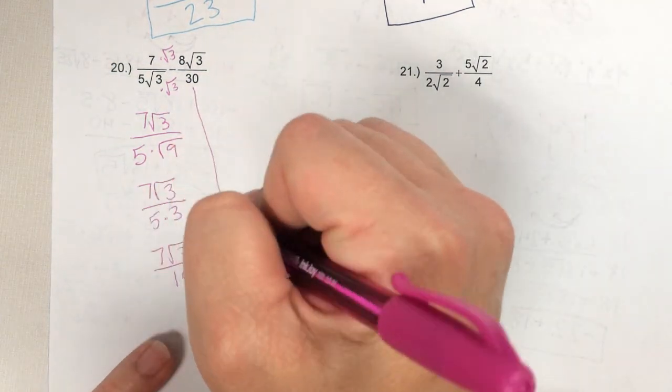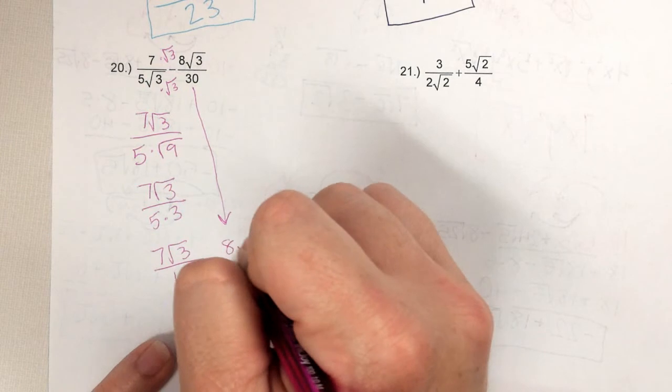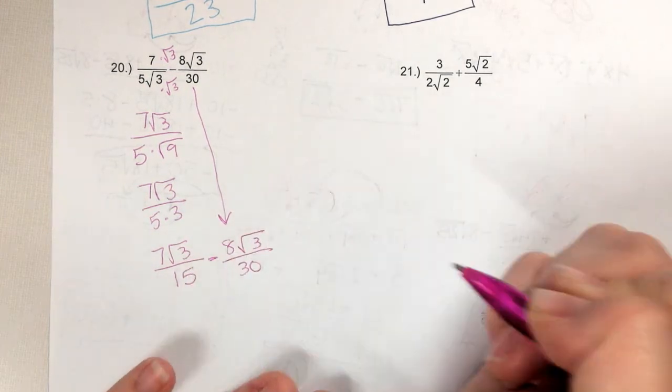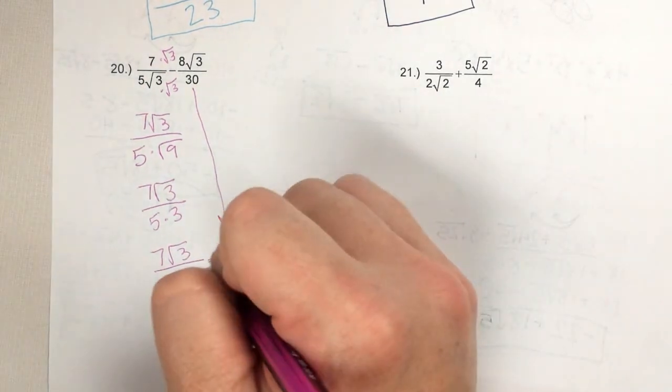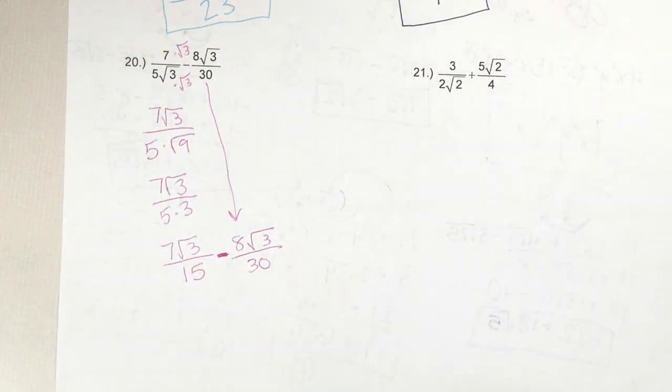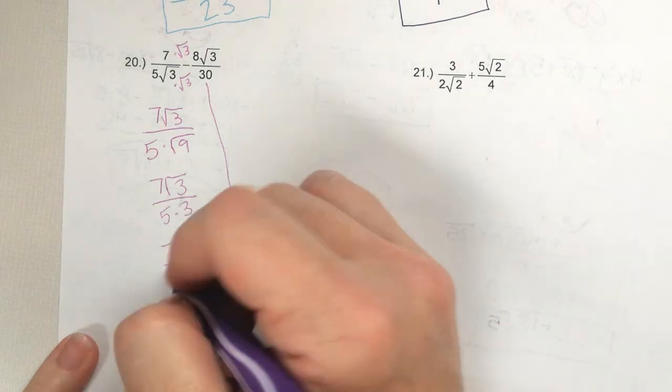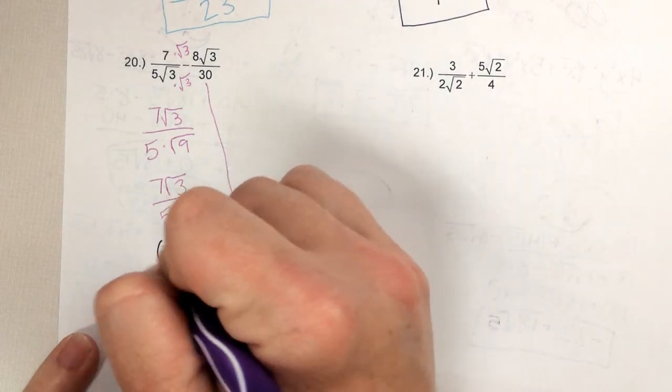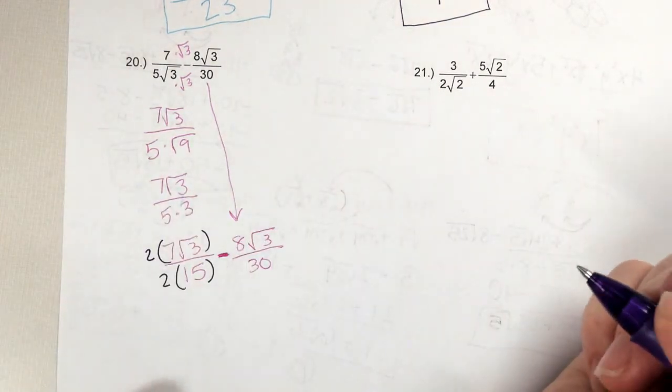And I'm just going to bring this other guy down. Minus 8 square root of 3 over 30. That's a minus, not an equals. Okay, and now we need a common denominator. Well, I know that I can multiply 15 by 2, and it will become 30.